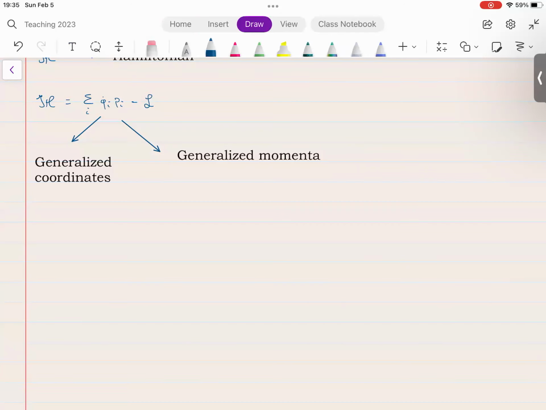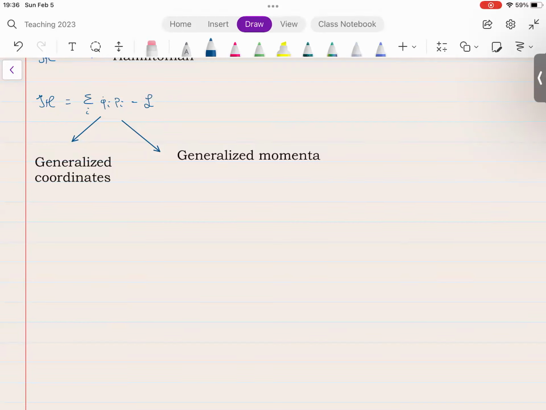Now, it turns out, not surprisingly, as I've already hinted at, that you can do a lot with this method. The catch is, what is the Lagrangian for my system so that I can calculate the Hamiltonian?